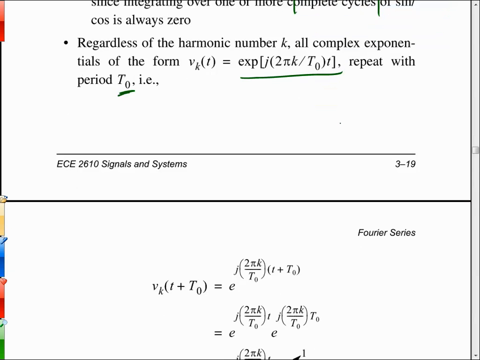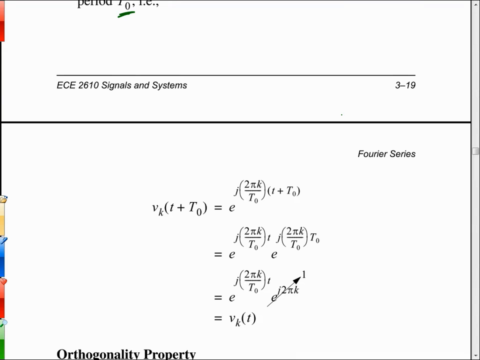So on the next page here, I simply take the periodic function v_k of t and replace the time argument by t plus t naught. So I advance it by one period, and I just want to see if it equals the original v sub k of t.